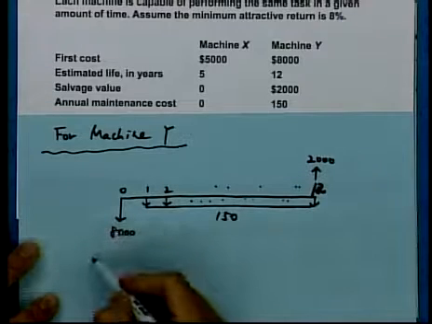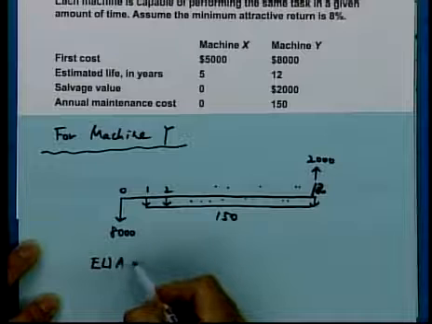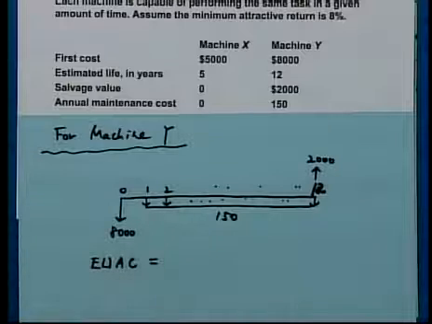So how do you compute equivalent uniform annual cost in this case?